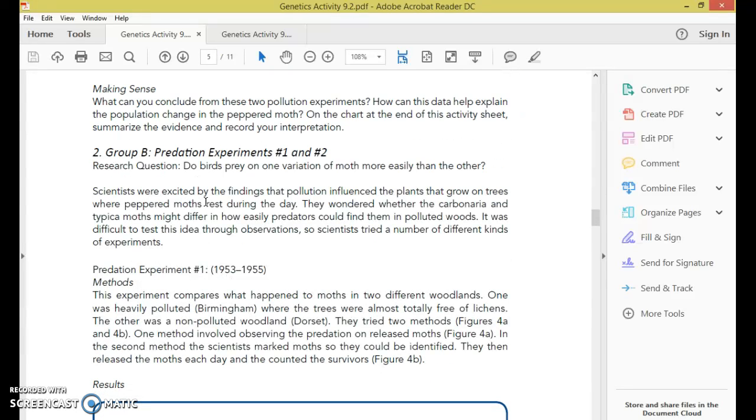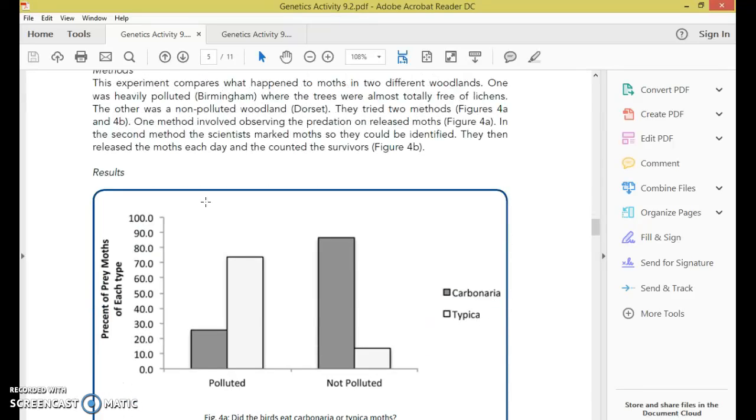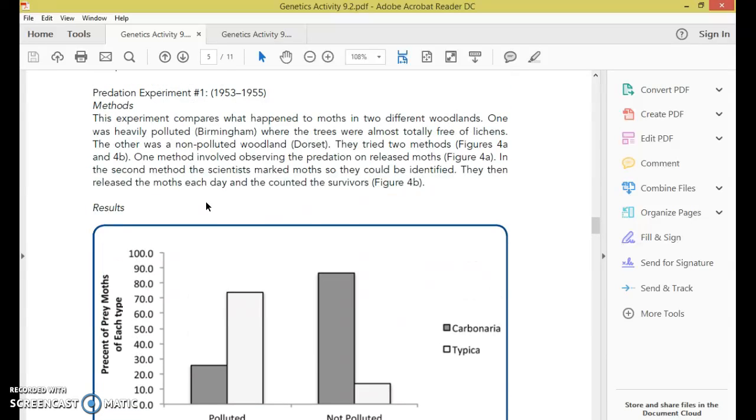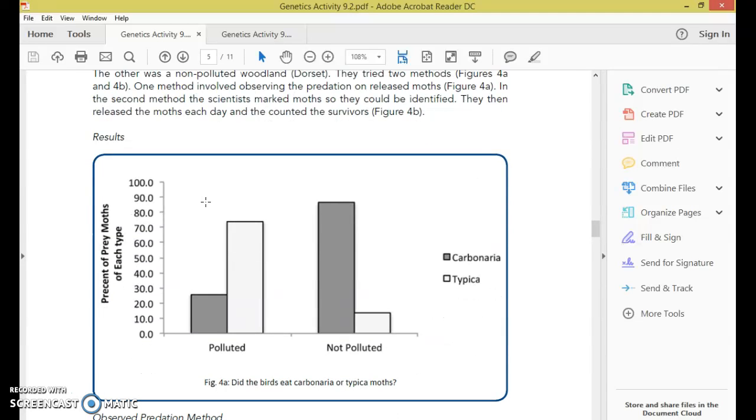The next sections are two predation studies. The first predation study has to do with the live moths. The second one is the one where they put the dead moths on the trees. So in experiment number 1, this is section C on your organizer.